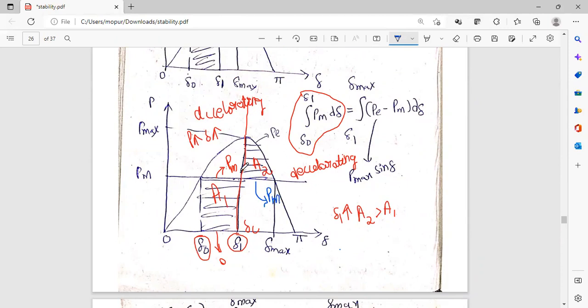So, to equate the areas for these two things, this area can be represented as integral del naught to del 1 PM minus 0 d del, and this area can be represented with limits del 1 to del max, so integral del 1 to del max PE minus PM. That is this area.